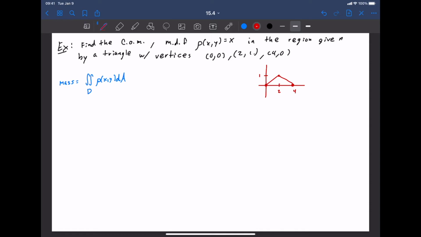This kind of shape, I don't want to use top minus bottom, because that would require two different formulas. Instead, I'm very much wanting to use the left minus right idea, meaning I want to get x values. So if you haven't done so already, give me x equals equations for both the left and the right boundary.